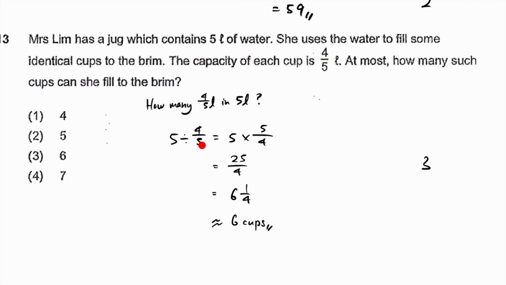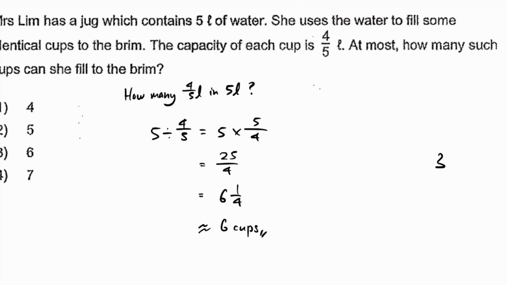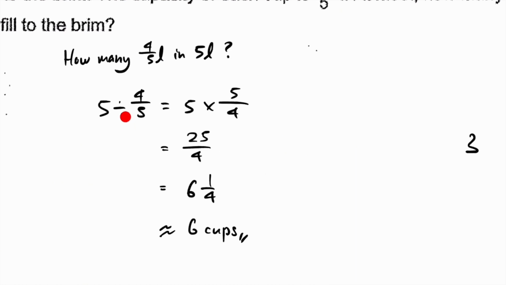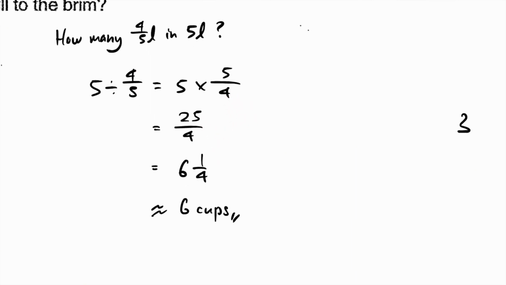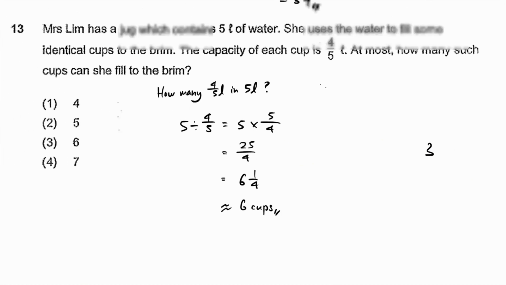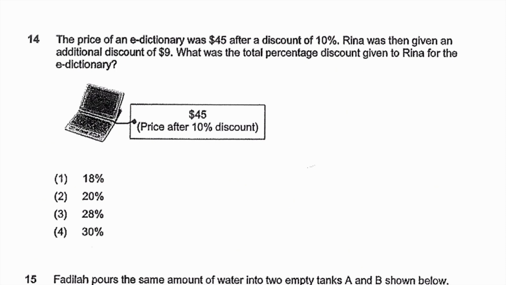So divide by 4/5, which if you know your fractions, you flip this to a times and then you reverse this fraction. Okay, you got 25 over 4. Using long division, you will obtain this number here. But the question is asking how many such cups can she fill completely to the brim. That's 6 whole cups.